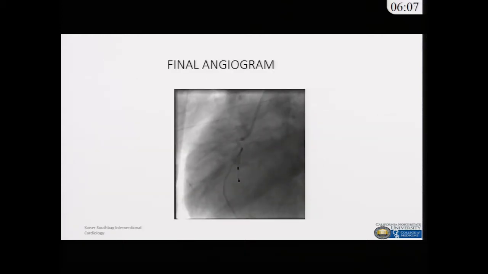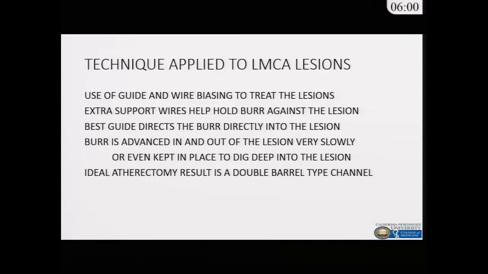And this is the kind of results that you could get. So I've used that technique for many, many years for ostial right lesions.